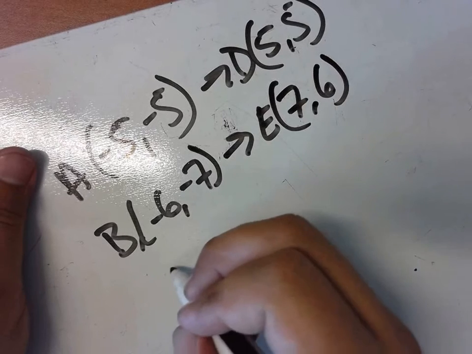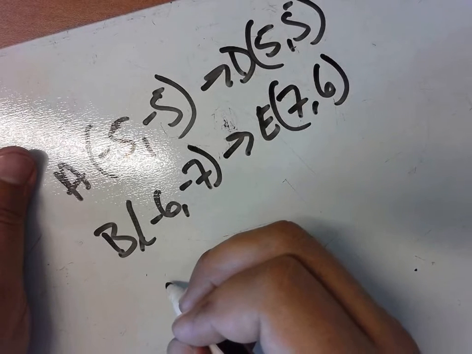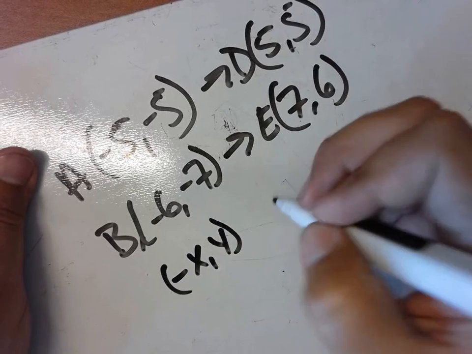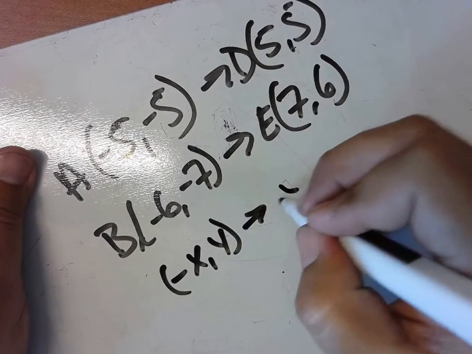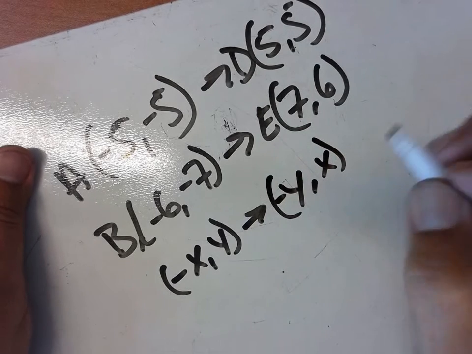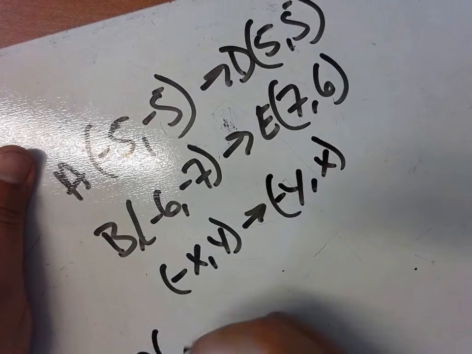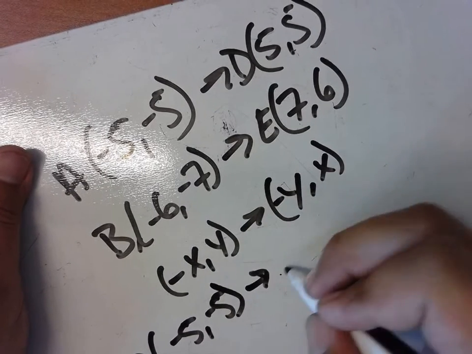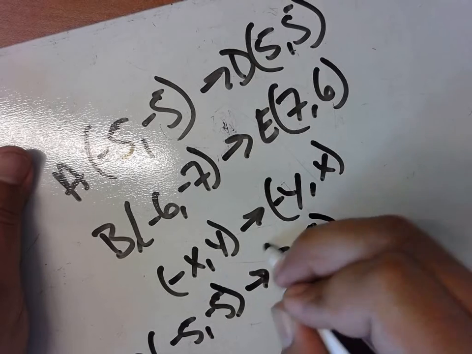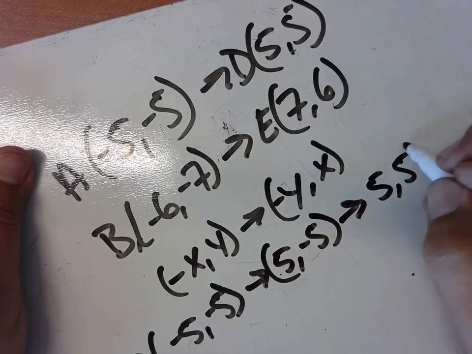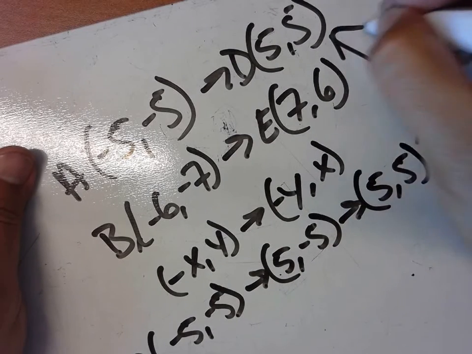B says reflection across the Y, which is -x, y, and then a rotation counterclockwise, which is -y, x. So A, -5, -5, is being flipped to +5, -5, which is being transformed to +5, +5, which is what it's supposed to look like.